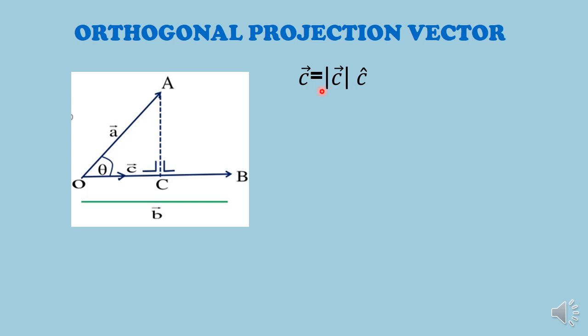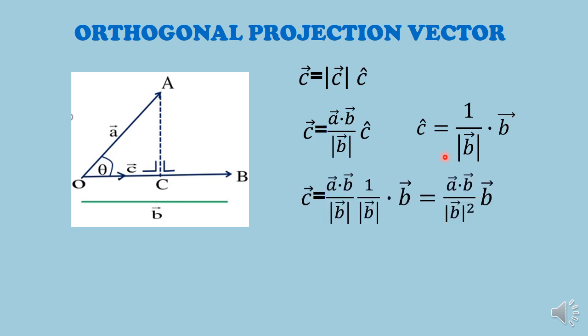So here vector C is equal to the length of vector C multiplied by the unit vector C. From the previous slide, we have the formula for the length of vector C, which is A dot B divided by the length of B. And as you can see, vector C has the same direction as vector B, so the unit vector of C will be the same as that of vector B. So the unit vector of C is equal to 1 over the length of B multiplied by vector B.